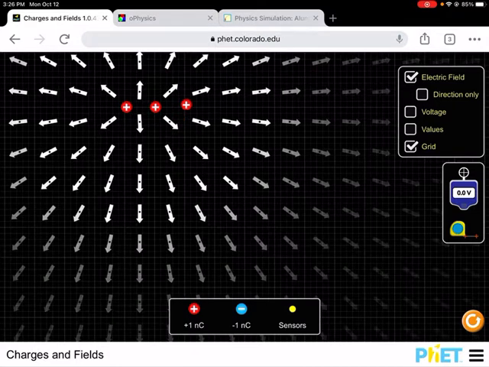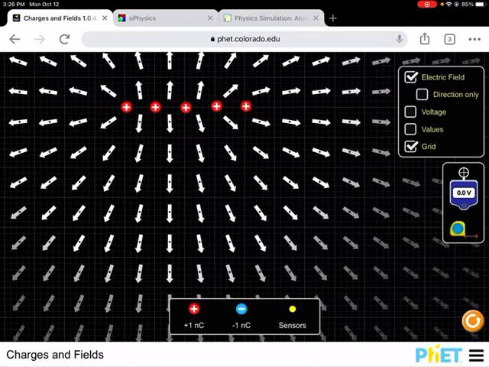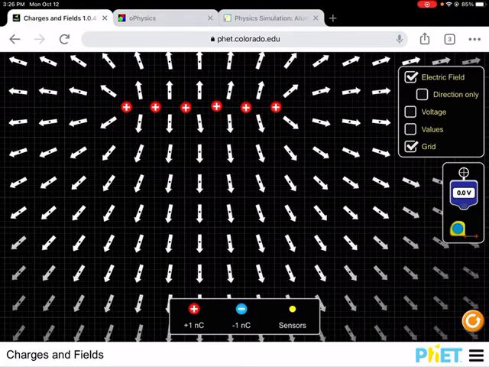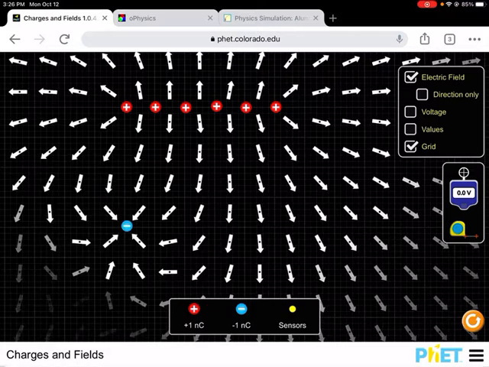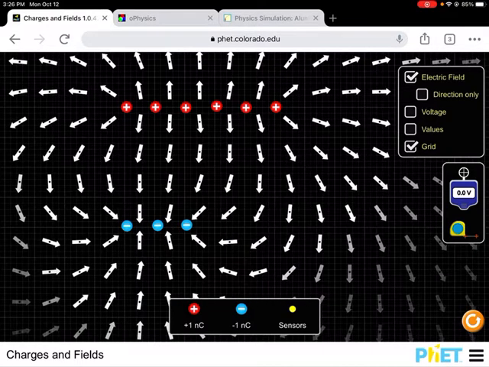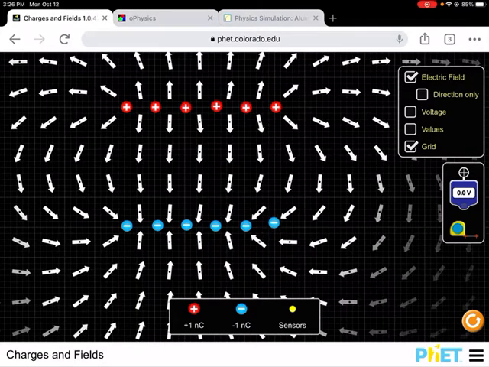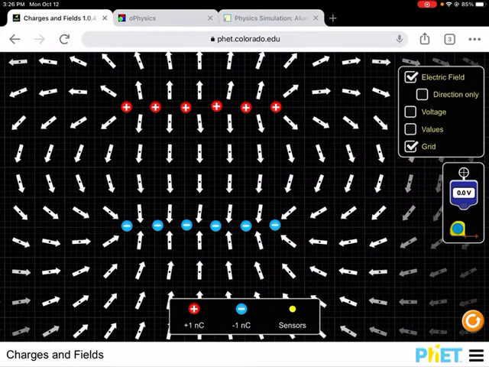Now what I want to do is simulate that ceiling that I had before. So I'm going to take these charges and place them on this grid. I'm going to take some negative charges and do the same. With many point charges, we can create a uniform field. In the center, we can see how the arrows are pointing straight down, and again, we've got that uniform field in the center.